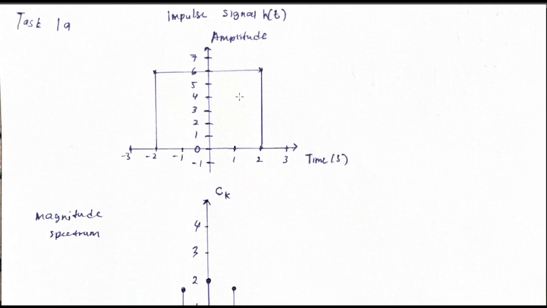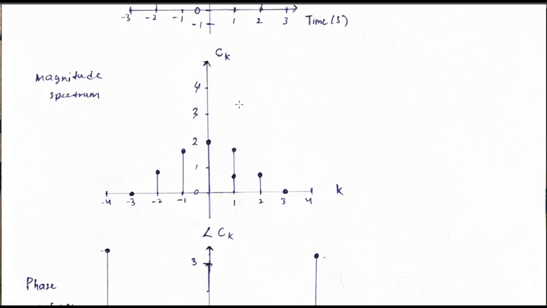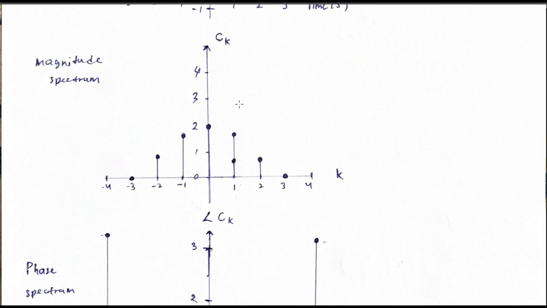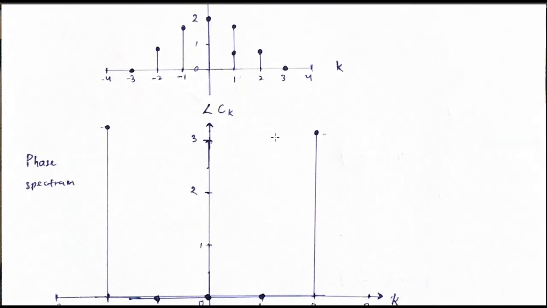So -2, 2, and the y-axis amplitude was 6. Then for the magnitude spectrum, ck over k. So this is the graph using MATLAB, and also this one using MATLAB.